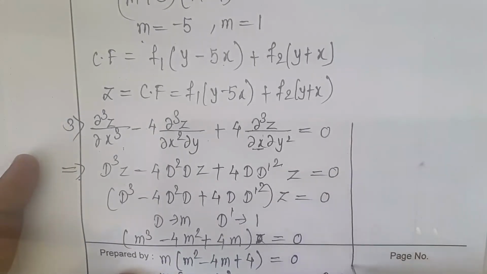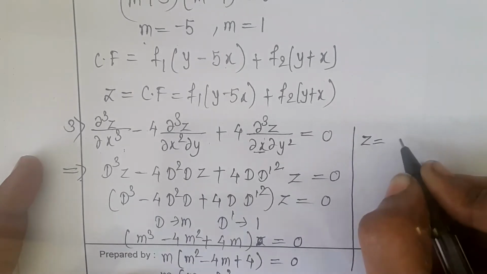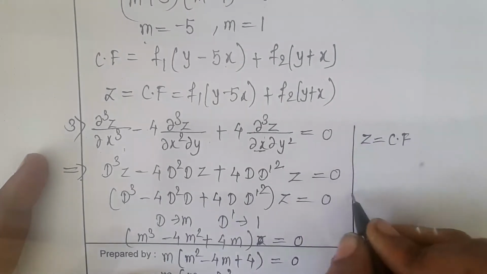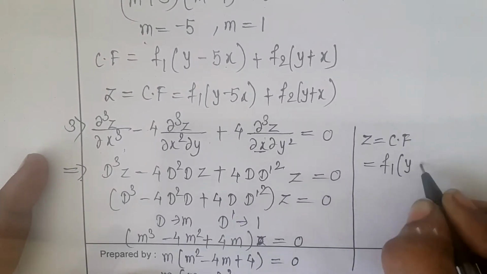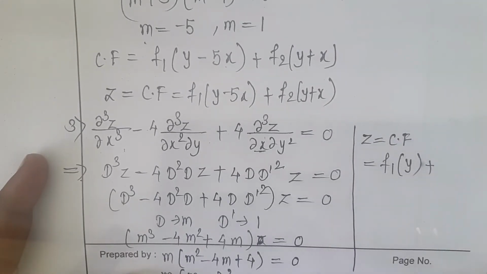Now write down the CF. So z is equal to CF here, because the right hand side is 0, which is equal to f1 of y plus mx. m value is 0, so it becomes only y, plus the 2 roots are equal.